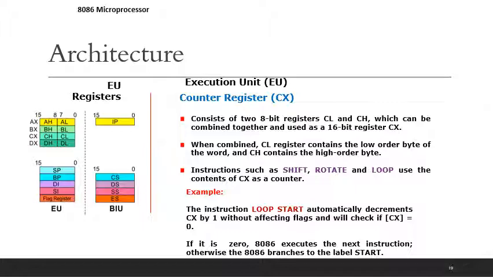For example, the instruction loop start automatically decrements the CX by 1 without affecting flags and will check if CX is equal to 0. If it is 0, 8086 executes the next instruction, otherwise the 8086 branches to the label start.